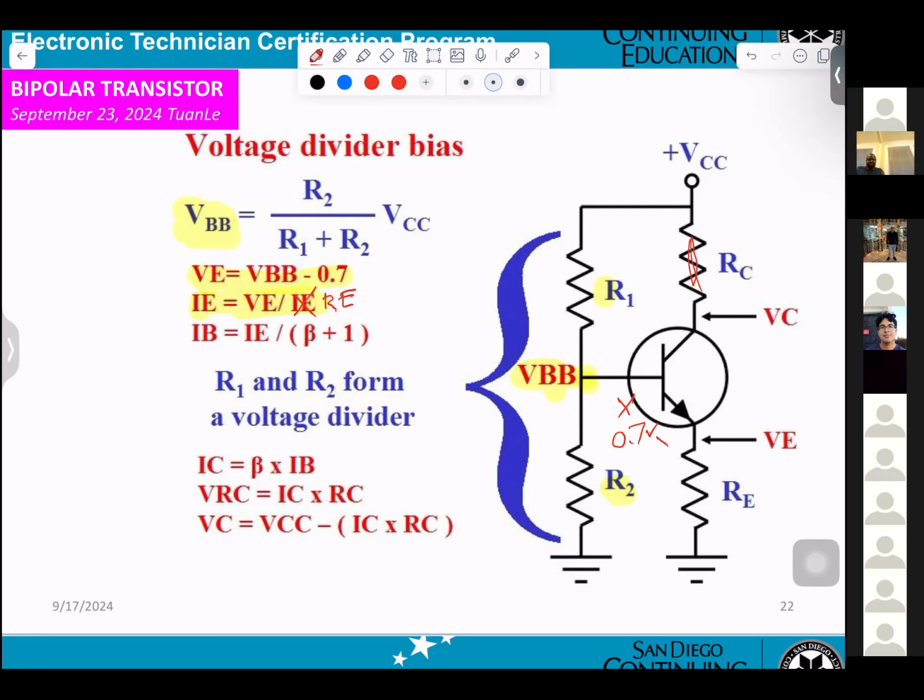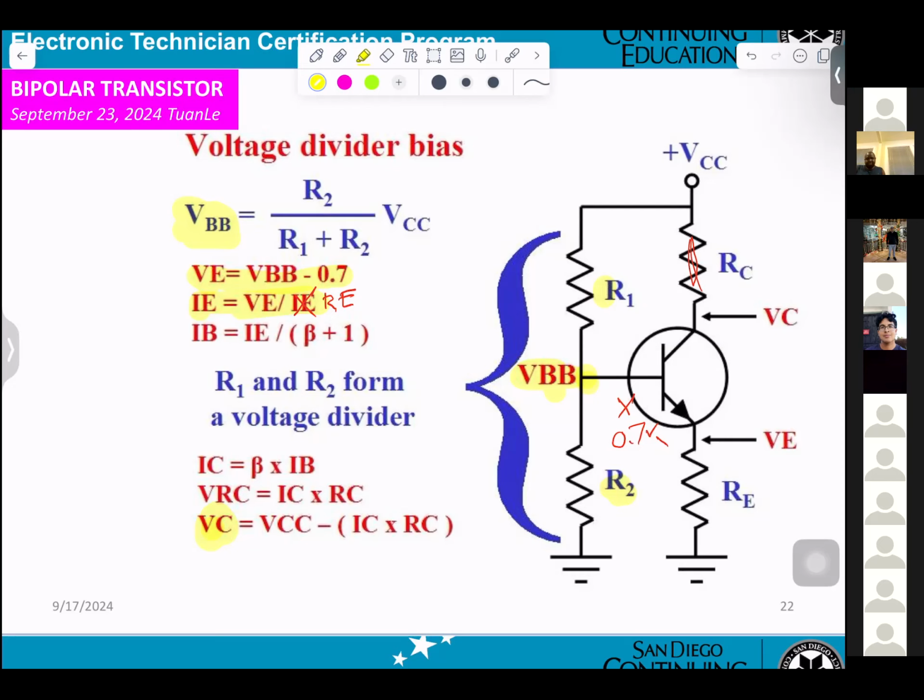And now you want VC. VCC equals VC plus the voltage drop IC times RC. So basically this is a summary of the equations you will be using, and they will be used all the time.